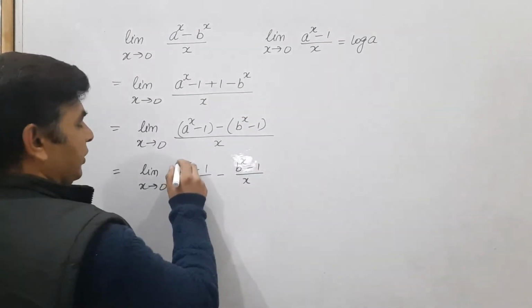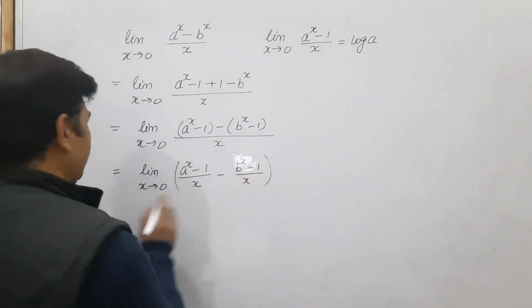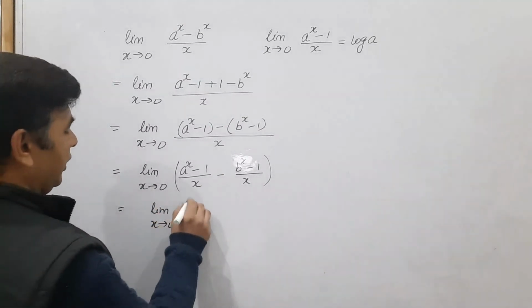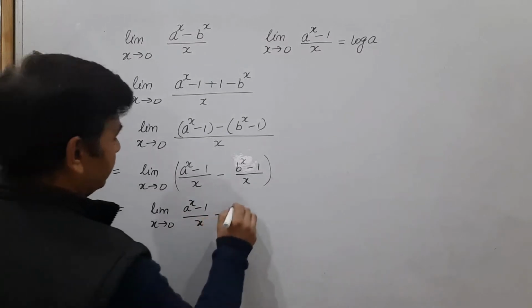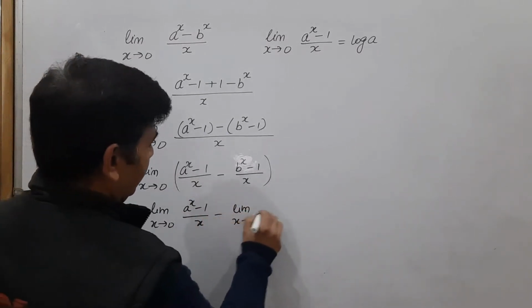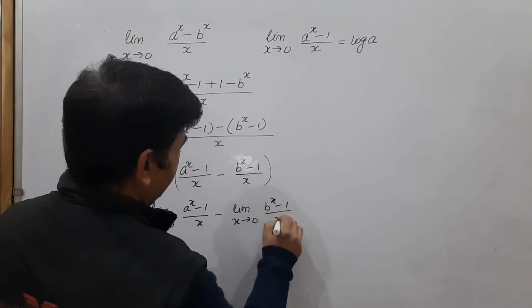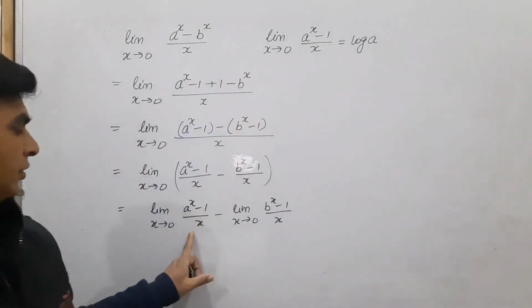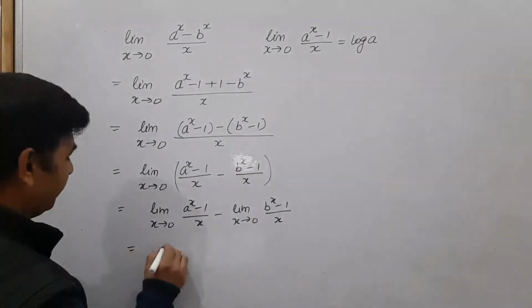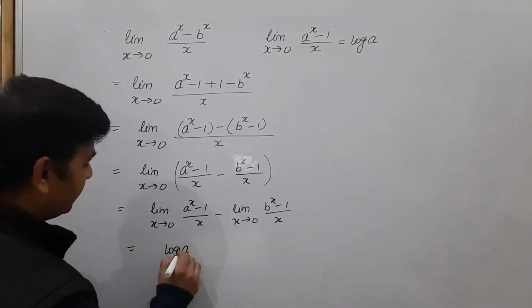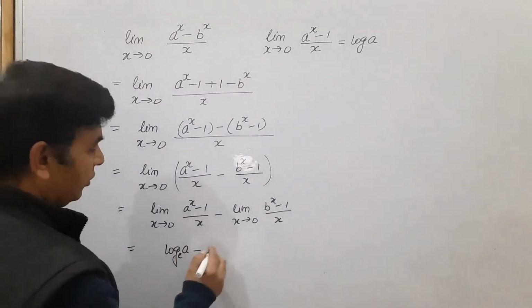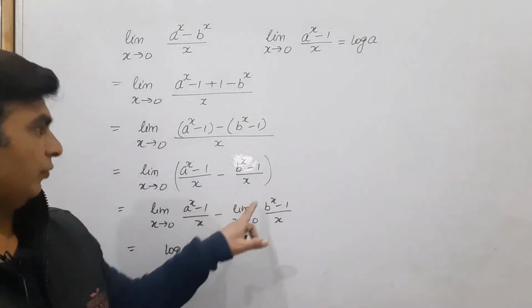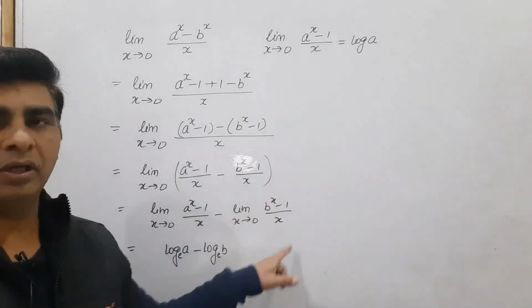Here two questions have been made, look, one this and one this, and so the limit can be taken separately. You can use the limit separately like this: b to the power x minus 1 upon x. Now you can compare this question with the standard formula. This is log of a, where base is e, minus this is log of b, because in place of a this is b only and the rest are the same.